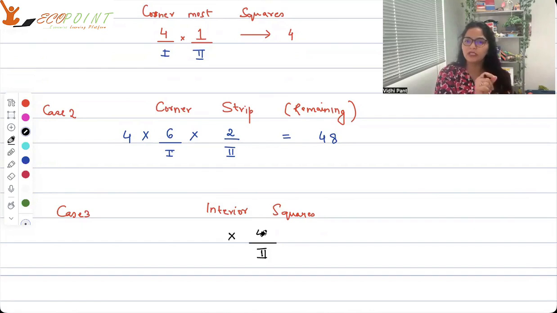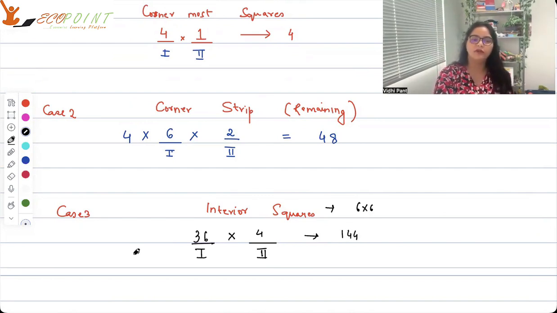And how many such interior squares are there? If you take away the corner strips, it is 6 into 6, because one square from every side goes. So 36 options for the first square and 4 options for the second. This gives me 144 cases.